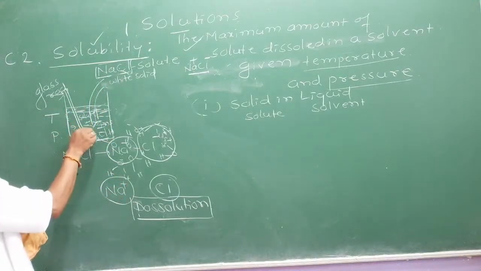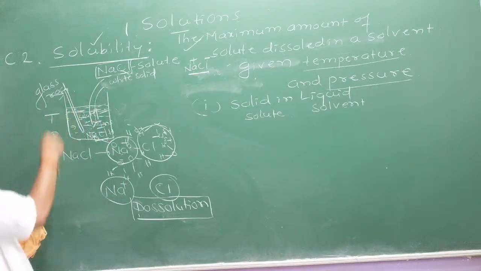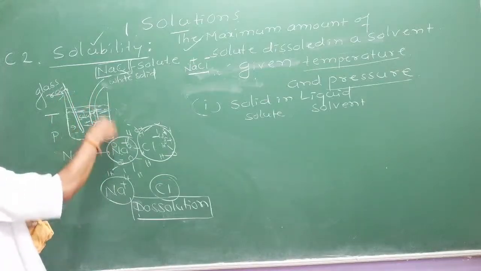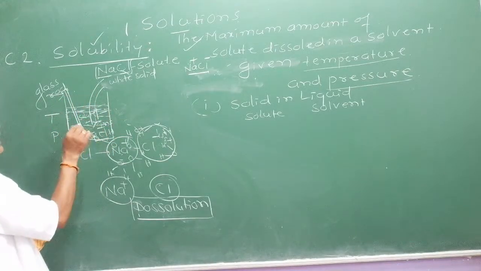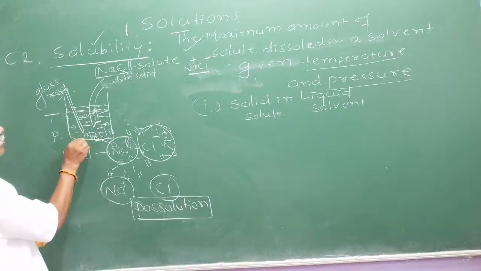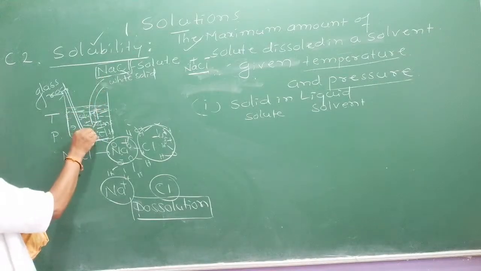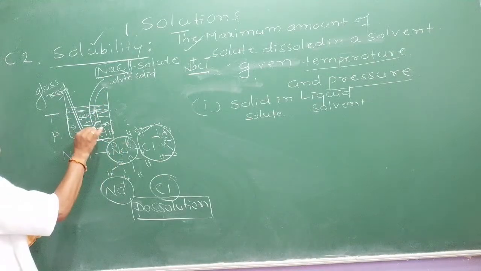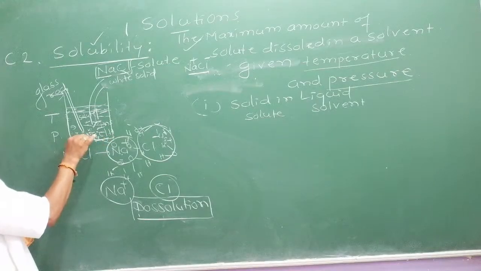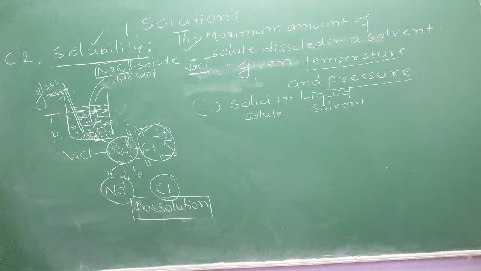You add a second spoon, it may dissolve. If you go on adding more and more, a stage is reached when even if you add more solute, it will not dissolve, and it will settle at the bottom. It is called crystallization.